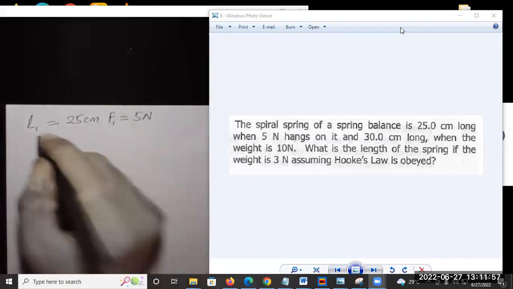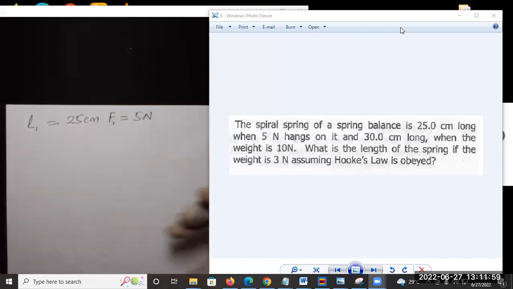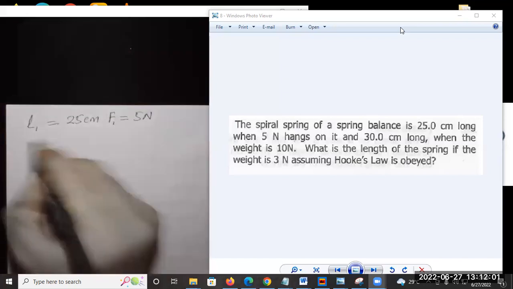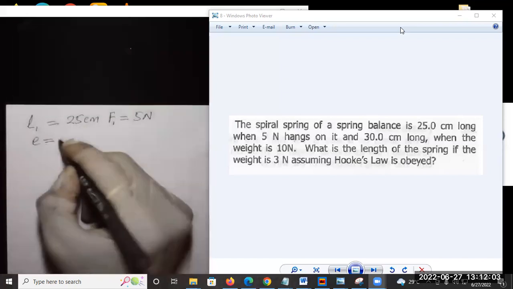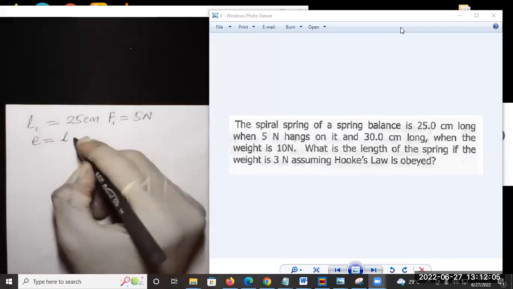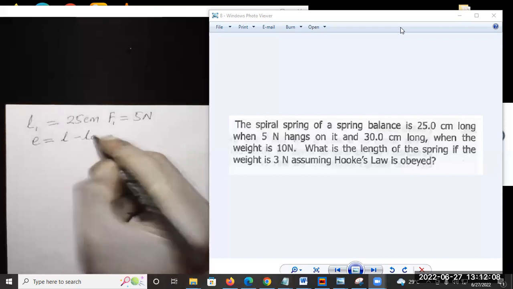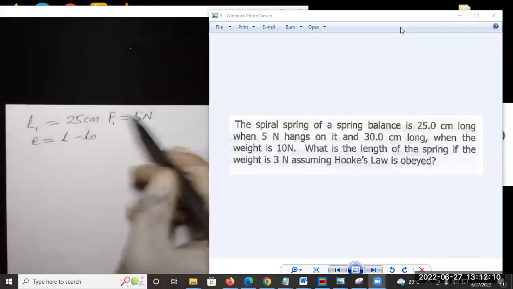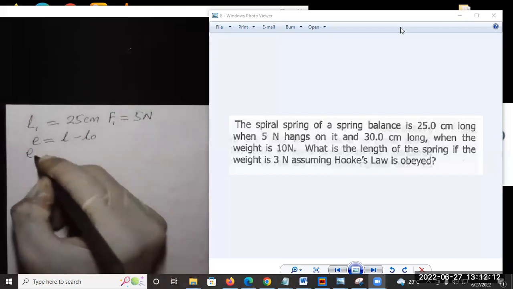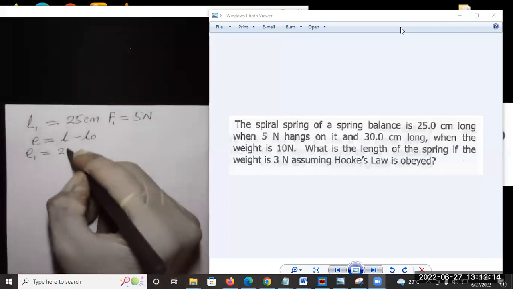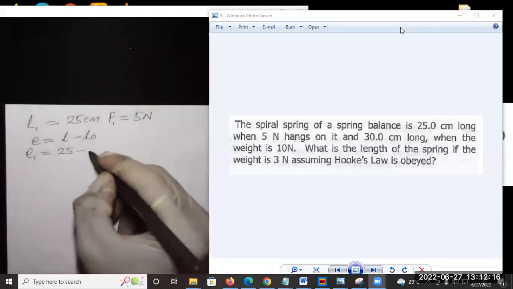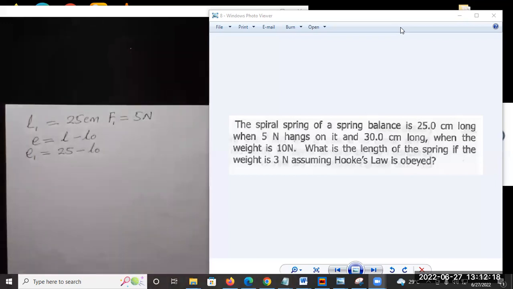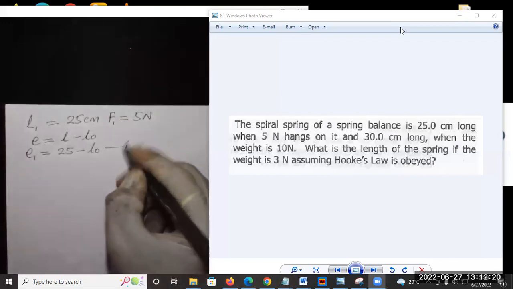We know from Hooke's law, extension is the new length minus the original length. Based on these, we can have E1 become 25 minus the original length. We keep that as equation 1.